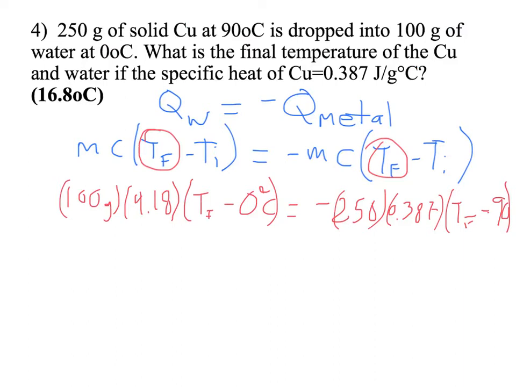Getting a little complicated to write this on this iPad, but we can solve these with our calculator. We get over on this side 418 TF is equal to minus 96.75 TF minus 90.